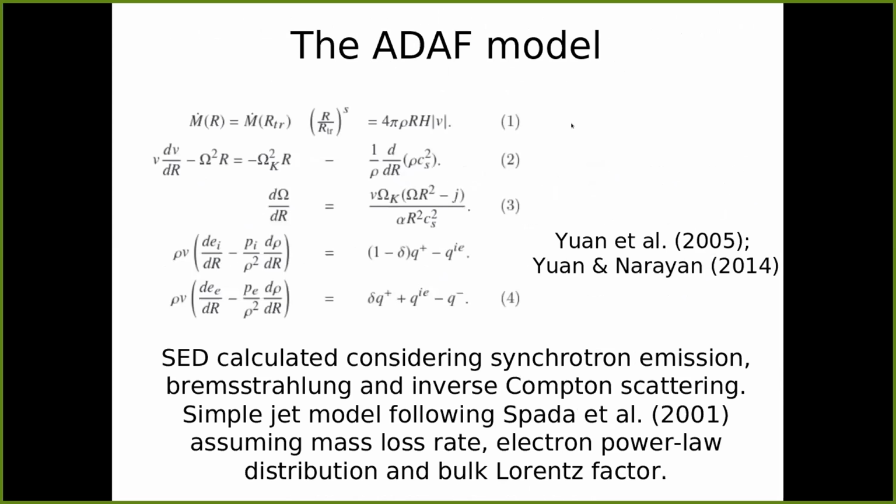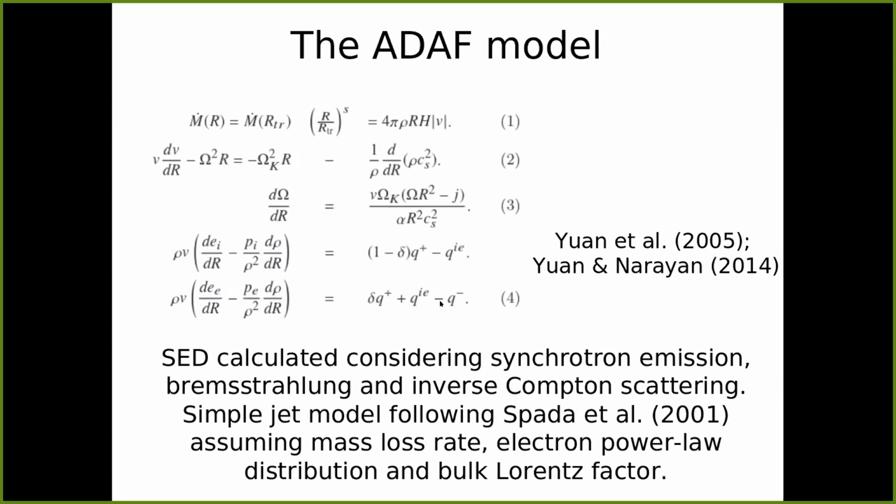The ADAF models themselves that we are using are based on Yuan and Narayan in 2014. It's a typical ADAF model, so we assume mass conservation, angular momentum, and linear momentum conservation. There are energy equations both for the protons and the electrons.